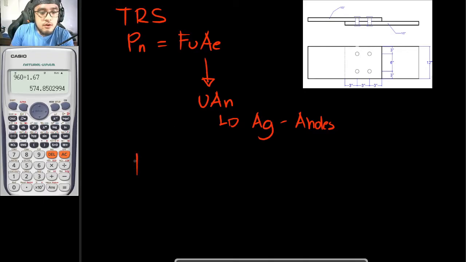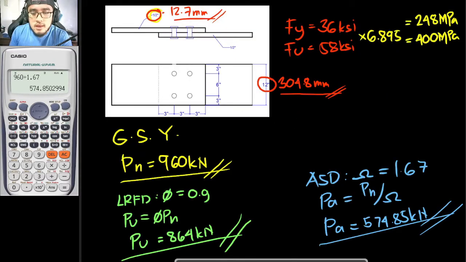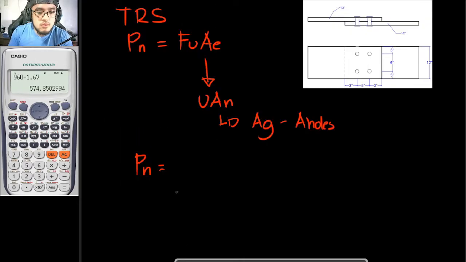So, solving for our PN here, this is to be equal to FU times AE, and our FU is 400 megapascals times U. Ang U natin is to be 1.0 times area net.